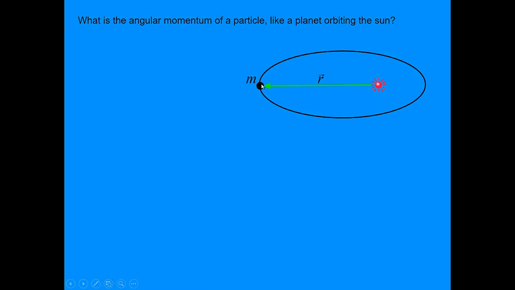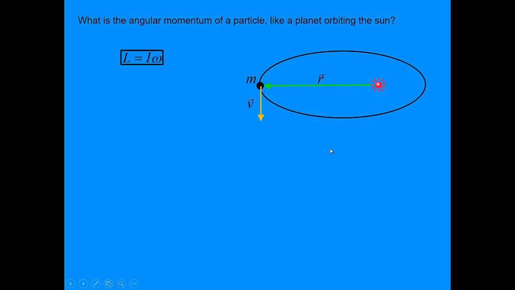Let's assume it's rotating counterclockwise, because that's what I did in my diagram. So at this point, its velocity would be right here. Notice I picked a special point. There are only two points where the velocity is tangent to r, at a 90-degree angle. We'll look at what happens when it's not 90 degrees in a moment.